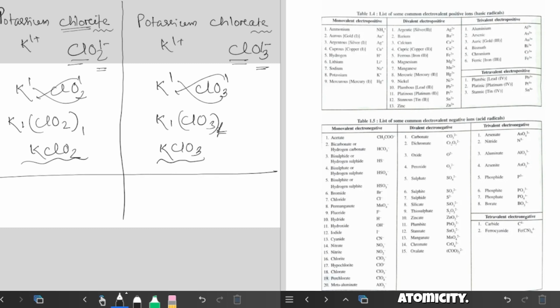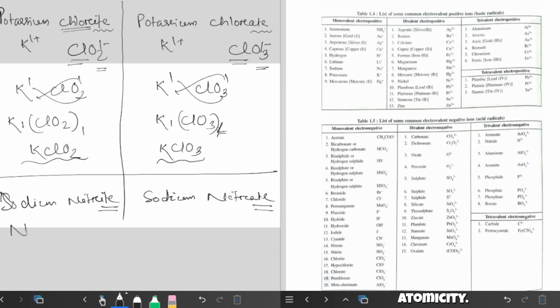So now let me write one more thing. Suppose sodium nitrite and sodium nitrate, okay, sodium nitrite and sodium nitrate. You see, this is ITE, which means less number of oxygen along with nitrogen, and this is ATE, which means more number of oxygen along with nitrogen.